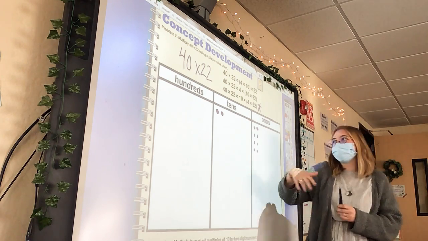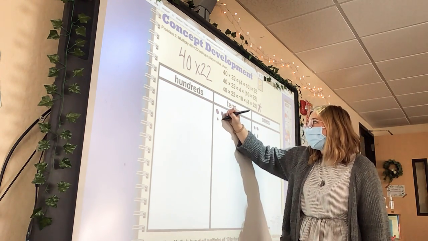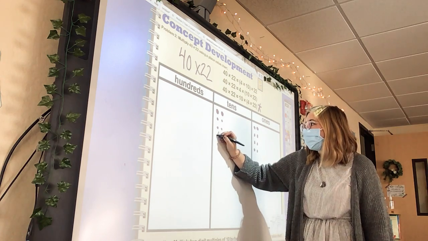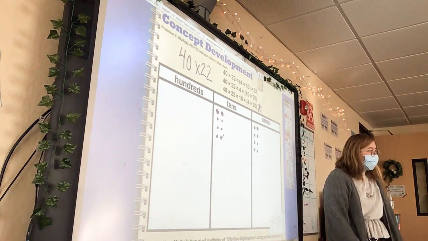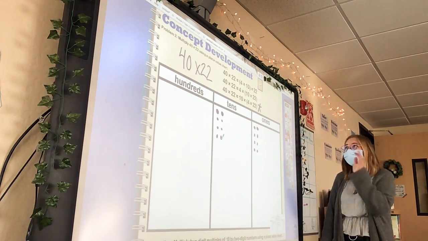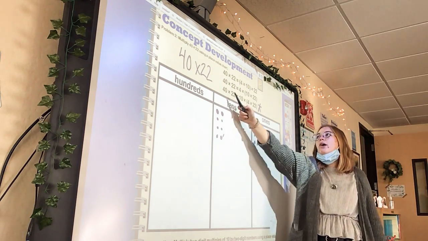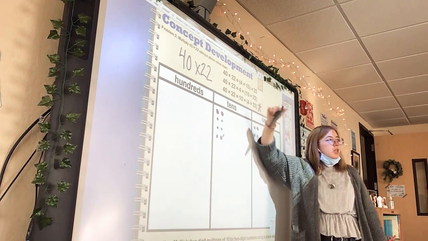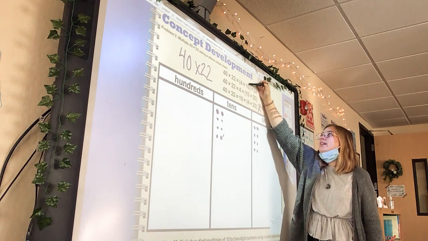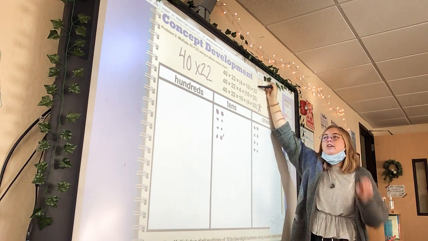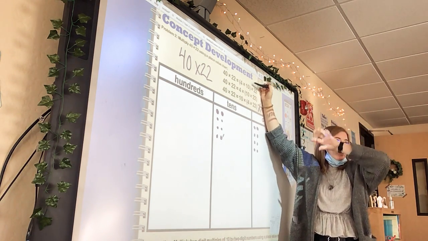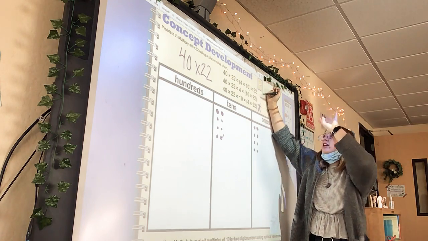Then I do the same over here in the tens. I need to make 4 copies of the 2 tens that I have. To reiterate, we moved around 40 times 22 to be first 4 times 10 times 22. We broke up that 40 to be 4 times 10, then shifted things around.